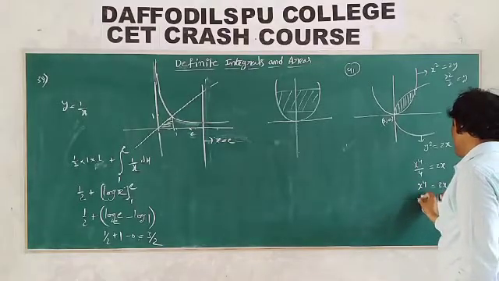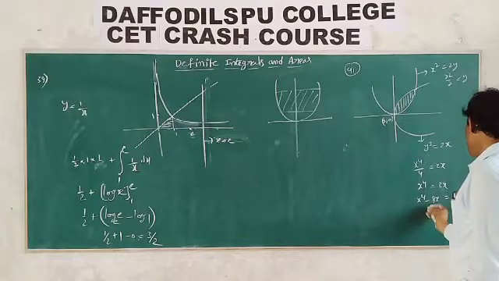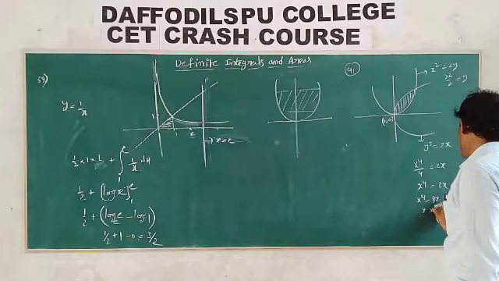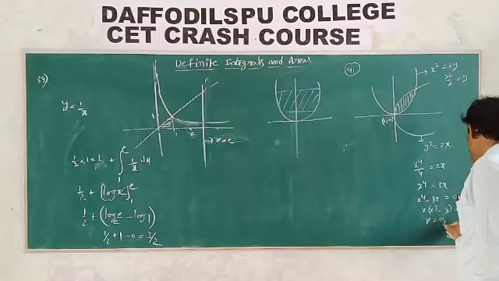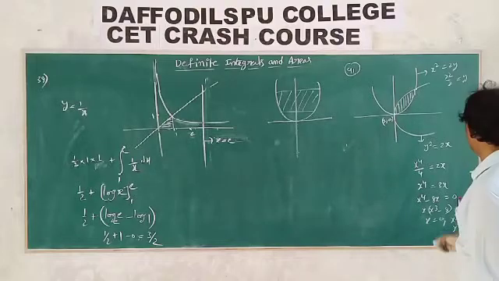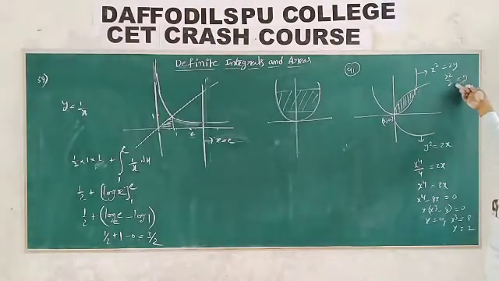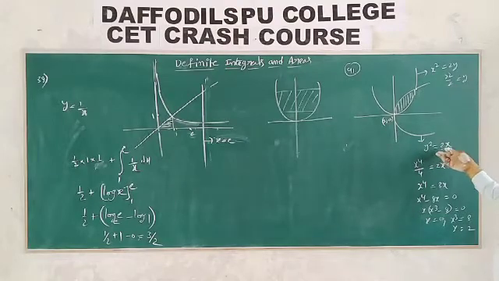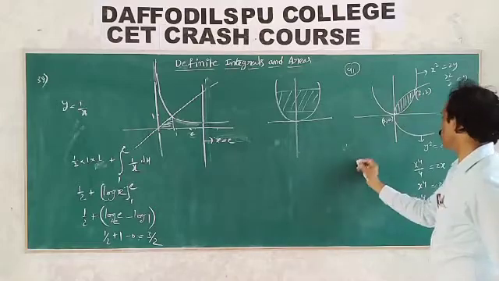Take this side, x power 4 minus 8x is equal to 0. x into x cube minus 8 is equal to 0, x is equal to 0, x cube is equal to 8, x is equal to 2. Right? So in place of y square, x is equal to 2, therefore y is equal to 2. So 2 comma 2 and 0 comma 0.